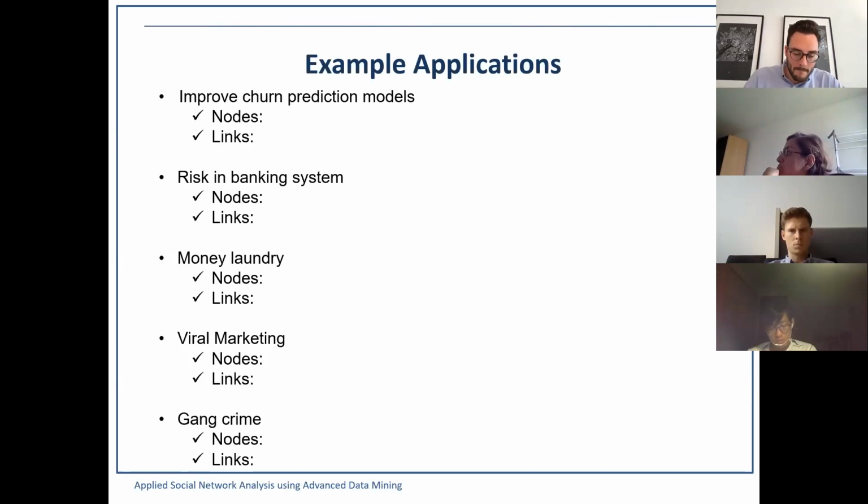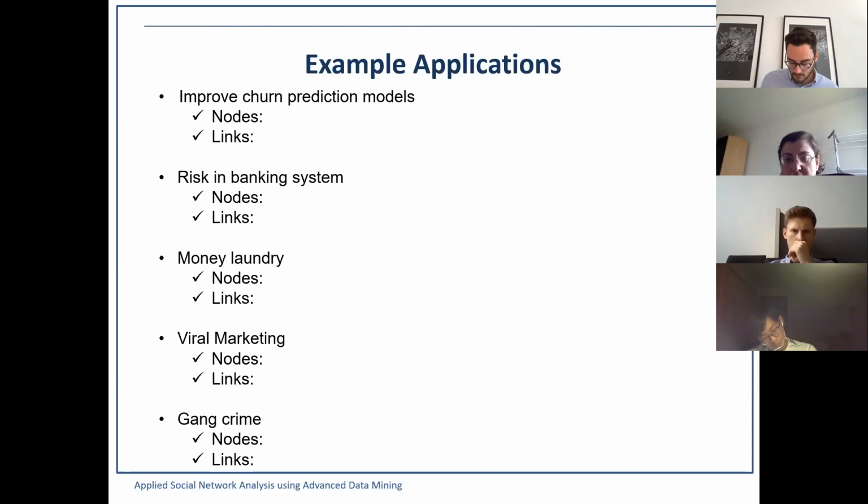Did anybody choose gang crime as an example? No? Okay, in this context, I can share some experience we have. We have been working with our police department where we analyze gang crime. Nodes are criminals and links are established by different means. For example, if two suspects have spent some time together in jail, or if they are neighbors, or something like that.